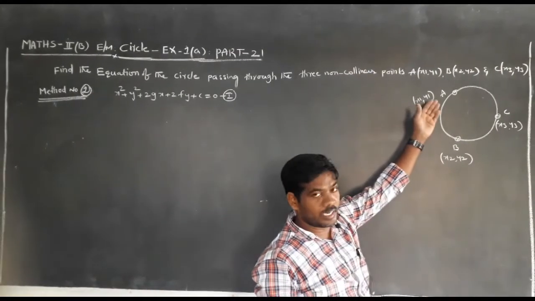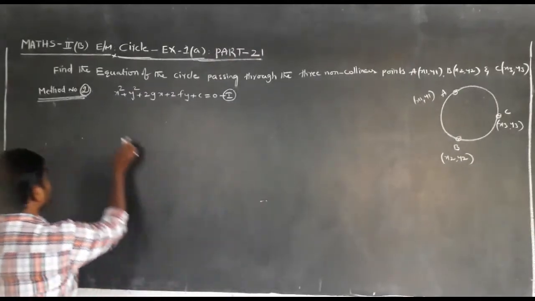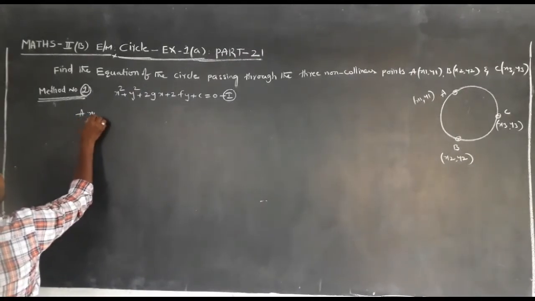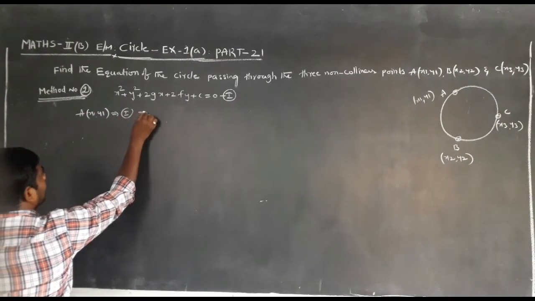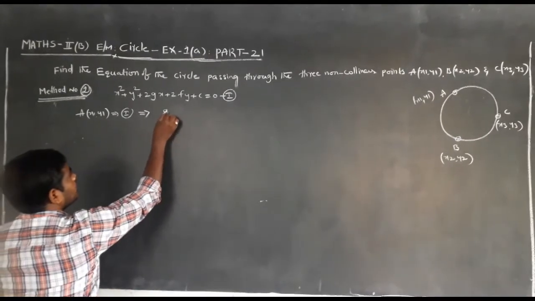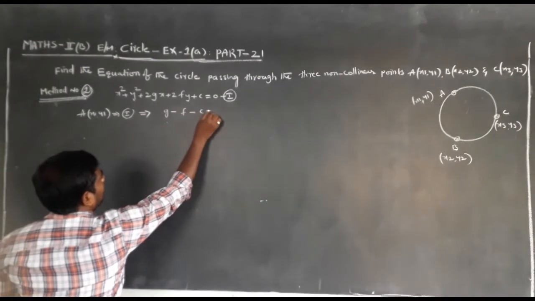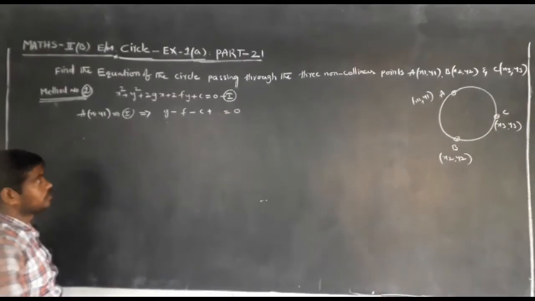Substitute the coordinates A, B and C. Substitute point A in equation number 1, and we get an equation involving g, f and c.